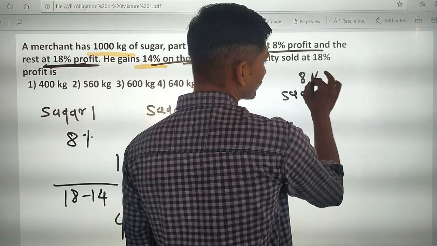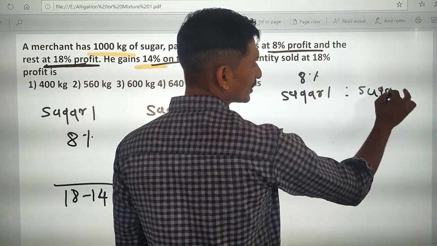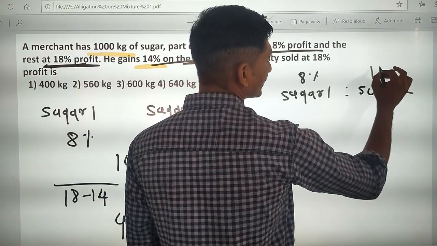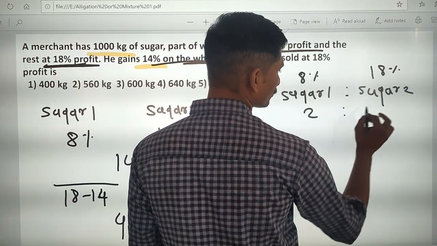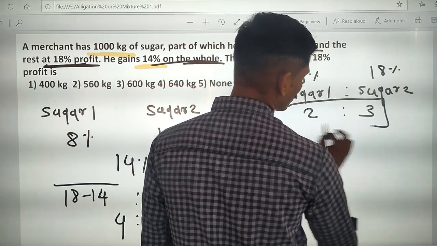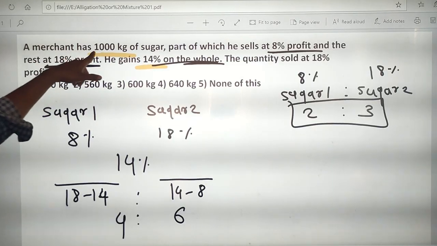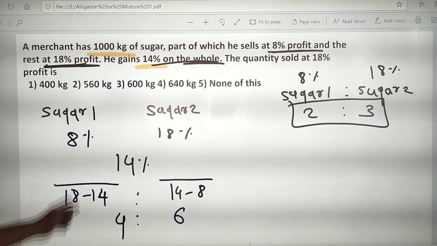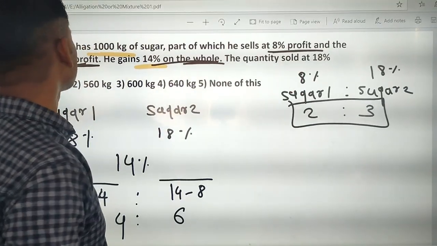Sugar 1 is sold at 8% profit and sugar 2 is sold at 18% profit. Their ratio is 2:3. Overall quantity is 1000 kg. Now find the quantity sold at 18% profit.